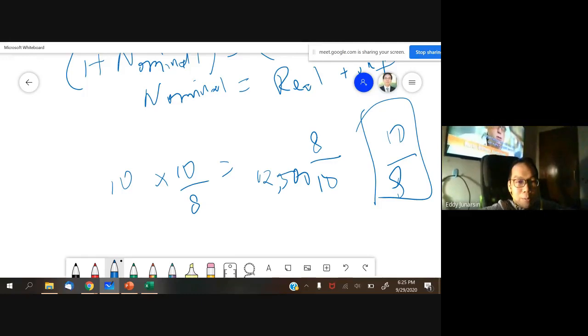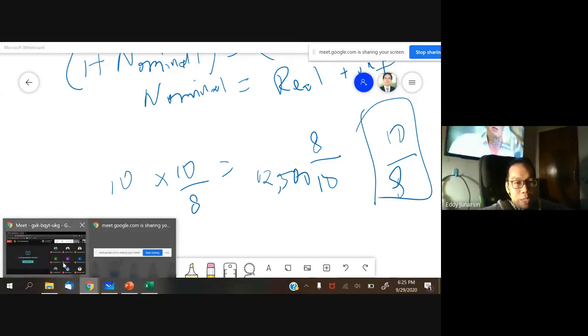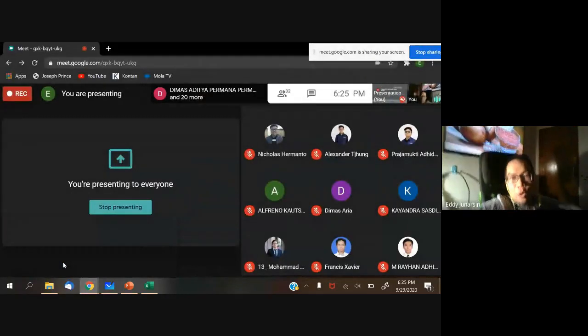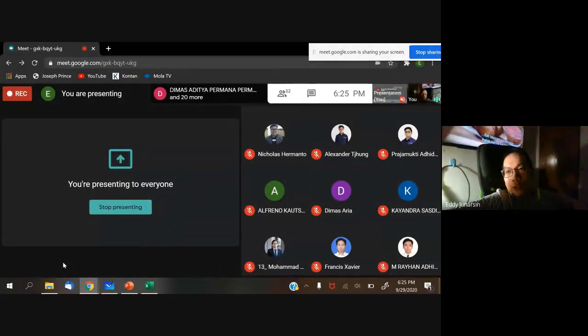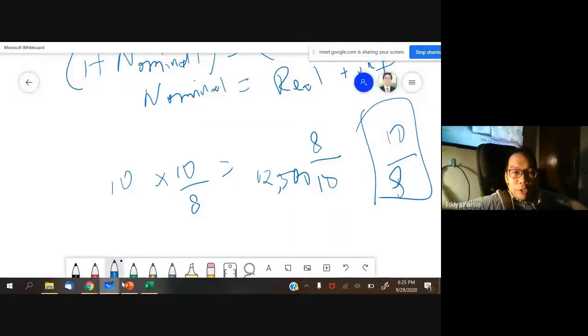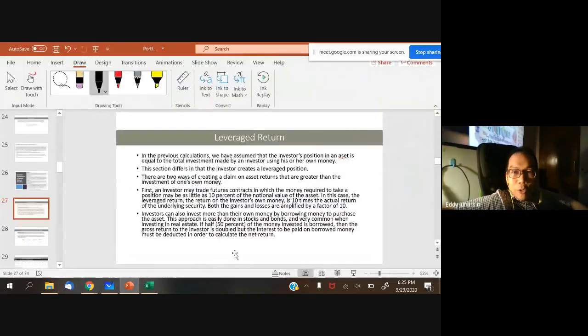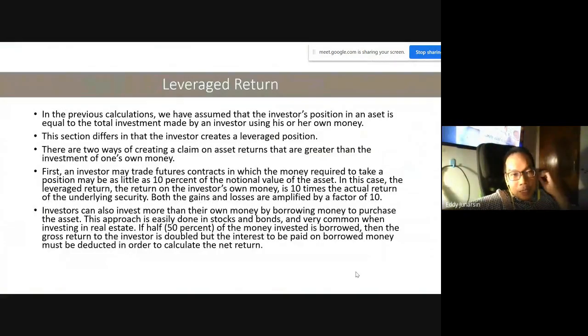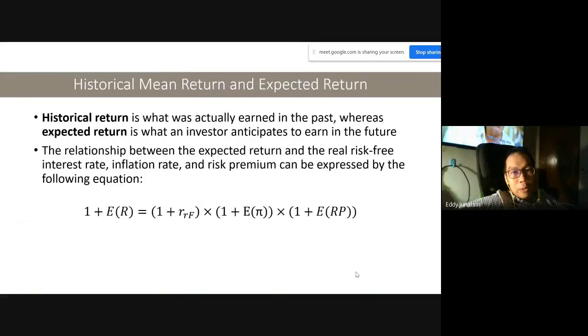So this is the maximum amount that you could invest if the margin requirement is only 80%, so they can lend you 20%. So for leverage return, we have to include the fact that some of the money is borrowed, maybe from our broker or anyone.